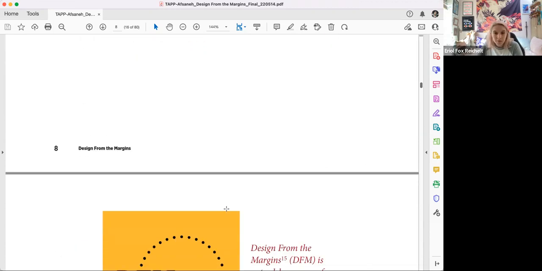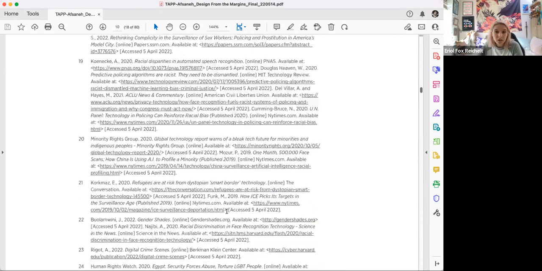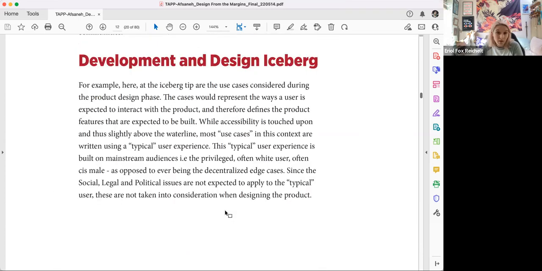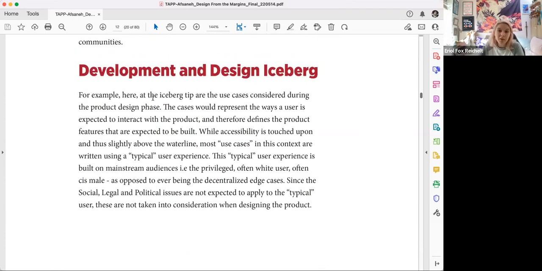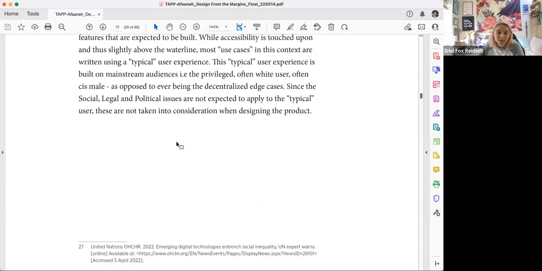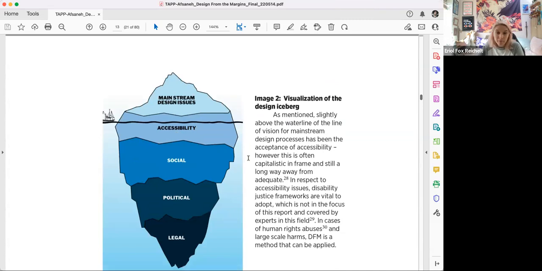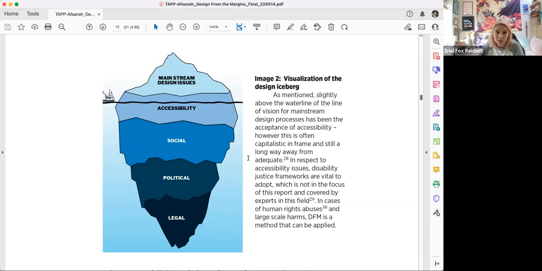So page 13 has a really interesting diagram that I found really fun to look at, and also to add something into, which was the development and design iceberg, which kind of makes me laugh because memes. But anyway, they talk about the different things to consider. I think the things underneath the sea level of this iceberg are all the things that are less considered within a design topic, or the issues, mainstream design issues.